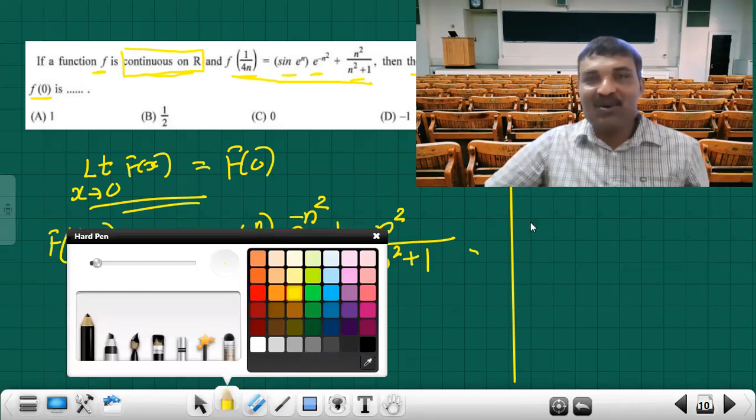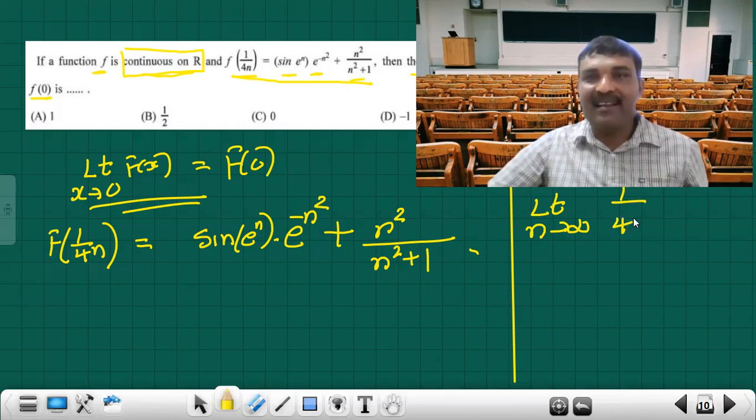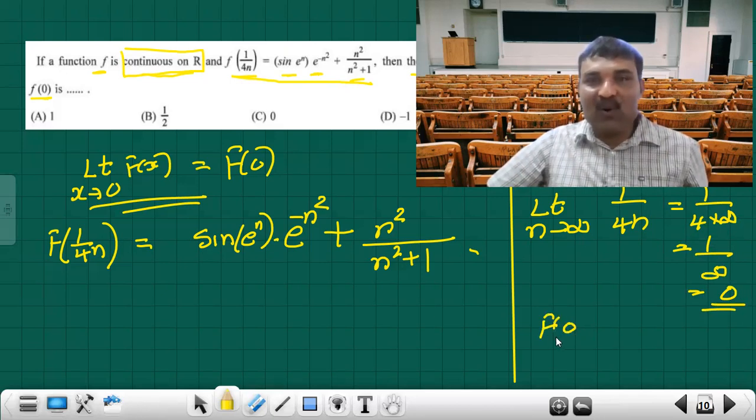Now we want to evaluate the value of f of 0. So what happens when limit n tends to infinity? What happens to this term 1 by 4n? We can directly substitute n is equal to infinity. So this is equal to 1 divided by 4 into infinity, that is 1 by infinity, which is equal to 0. So we get the value of f of 0 by applying limit n tends to infinity.